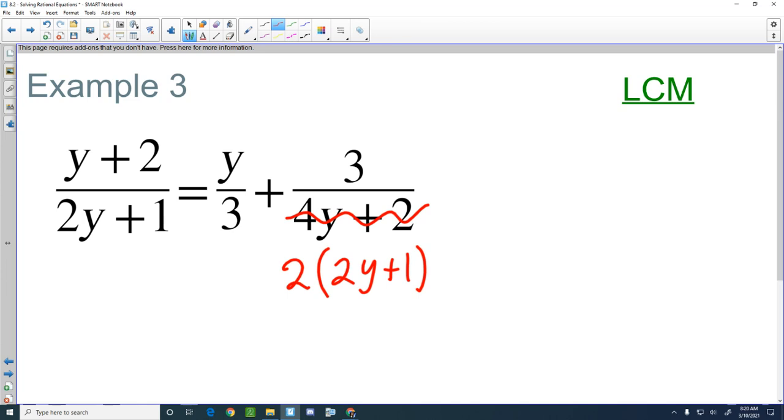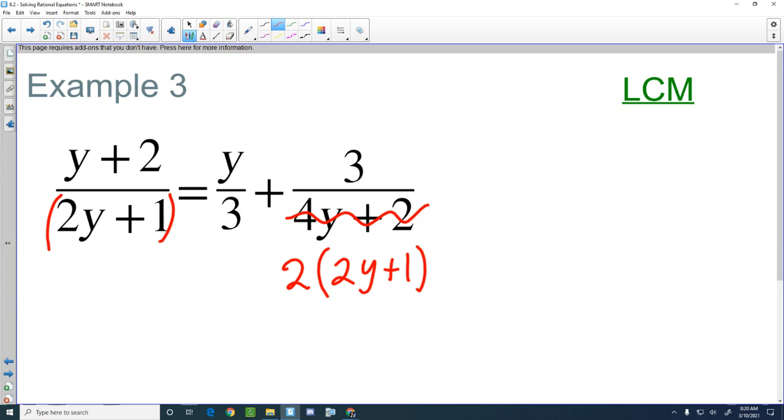We have a 2y plus 1 there and a 2y plus 1 over here. So those are actually part of the same factor, which is great. So look at each of those denominators. And I need to build or create the LCM based on each factor from every denominator, making sure that every denominator's factors are accounted for.